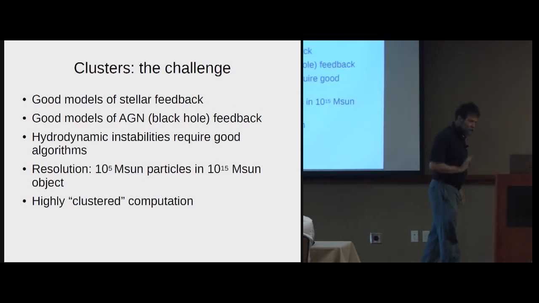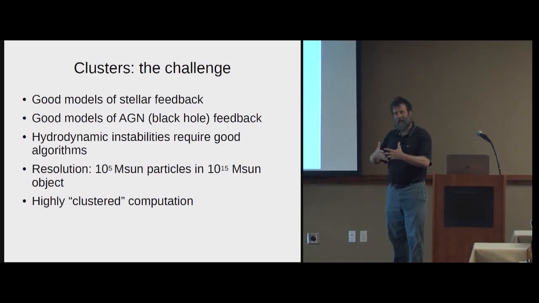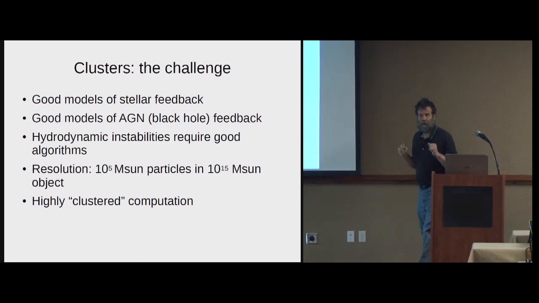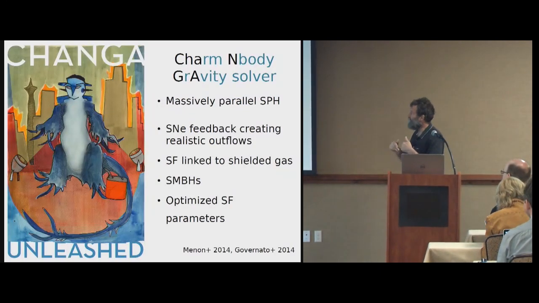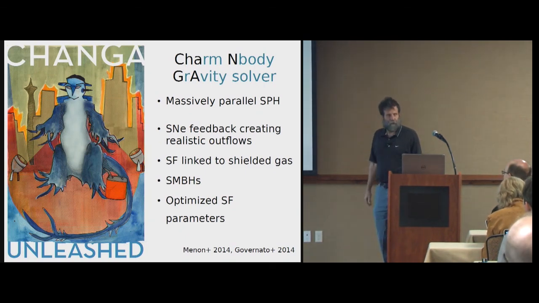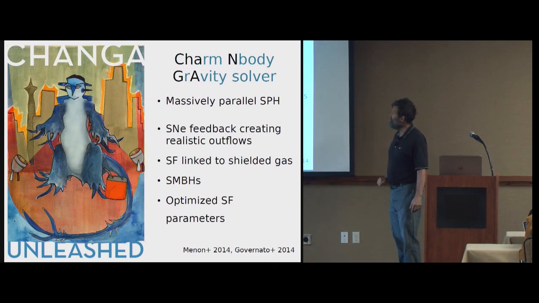And then the other challenge is that we need to do all the calculation where the cluster is, and that means that the calculation is clustered on the computer as well. And so having software that can distribute the load in an efficient manner is very important. So we've built this code. We call it ChaNGa, for Charm N-Body Gravity Solver.